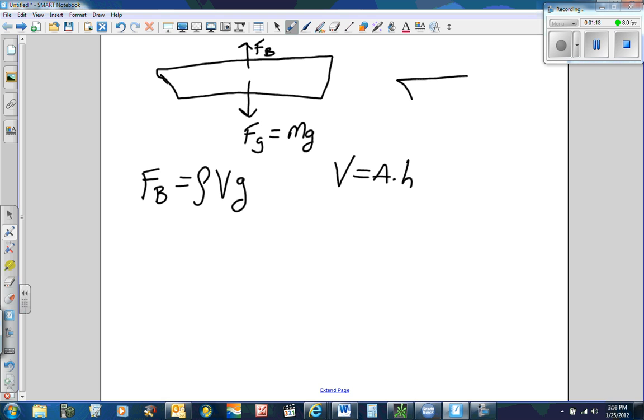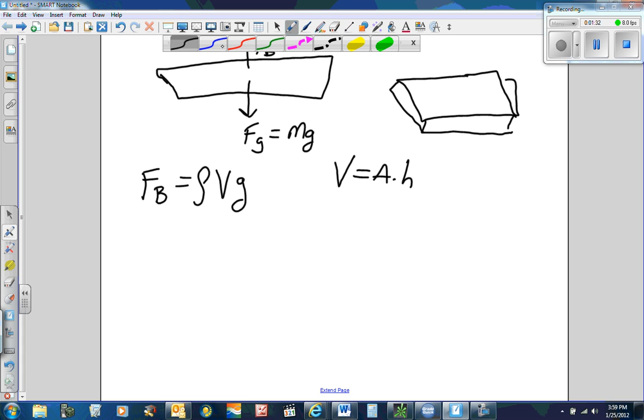For example, if you just had a raft and the raft was in water, and see, it's not all the way underwater, right? It's underwater just a little ways.